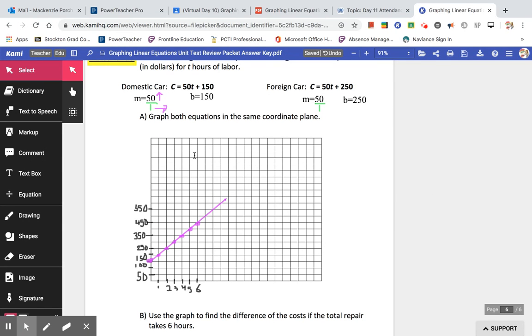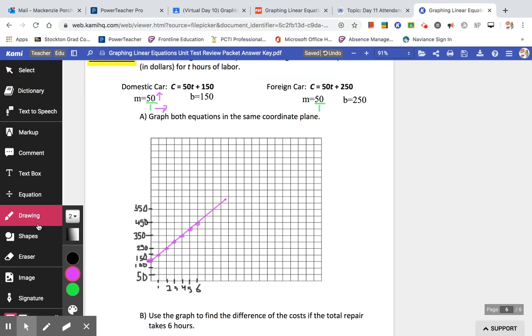Okay, so that is going to be our domestic car. And then if we go ahead and do the foreign car, it starts at 250. But this one also has a slope of 50, so that's still just going up 1 and over 1, just at a different starting point.